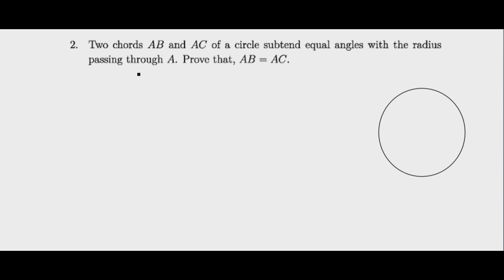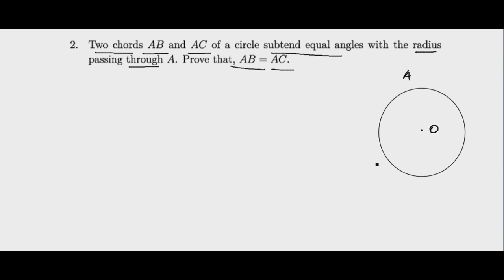Now come to theorem 2 from exercise 8.1. It says two chords AB and AC of a circle subtend equal angles with the radius passing through A. Prove that AB is equal to AC.